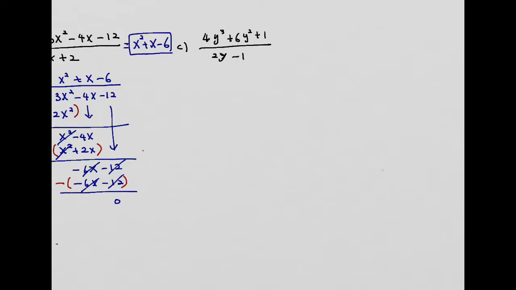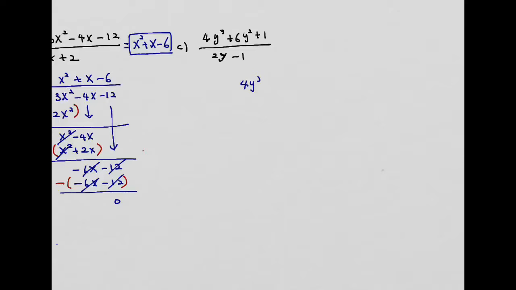Your long division will be the same thing over and over as in examples A and B. The only thing different is this time, if you have a missing term, use 0 as the placeholder, right? So let's use long division again. I will start writing with 4y cubed because you go in descending order, right?